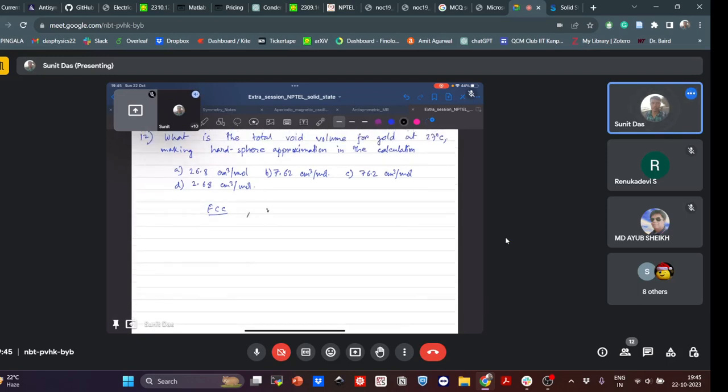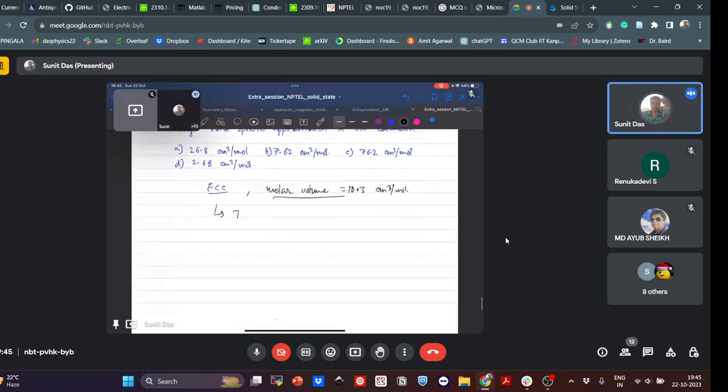So the molar volume for gold is 10.3. Sorry, the volume is cm cube per mole. Okay, so this is not given, but you need that. So for FCC, you can directly say that 75% is the occupancy factor, right, or packing fraction.